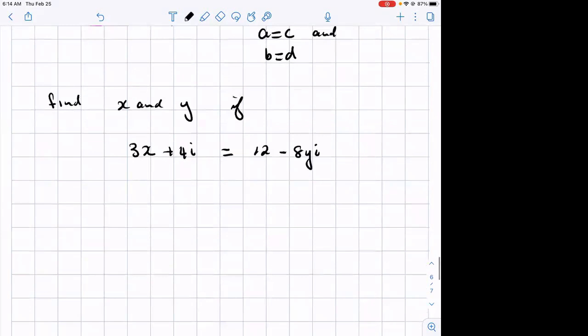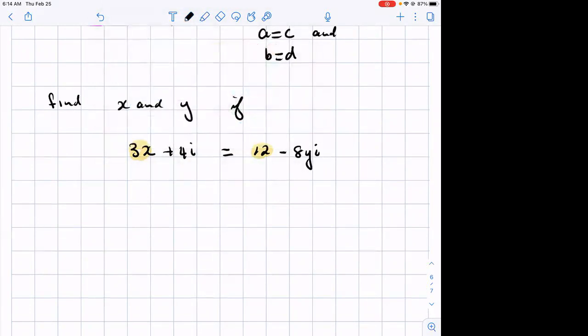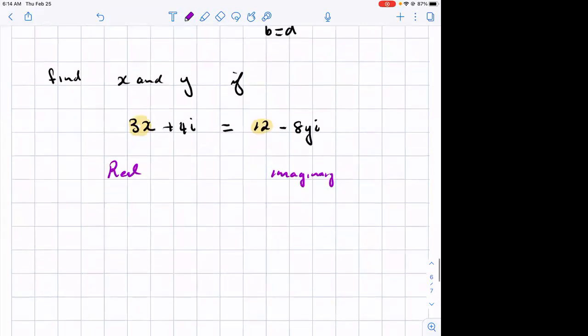So the first thing we want to do is, this is the real and this is the real. Anything that involves i is imaginary. So if we break this up into the real and then the imaginary, the real part, we have 3x is equal to 12.